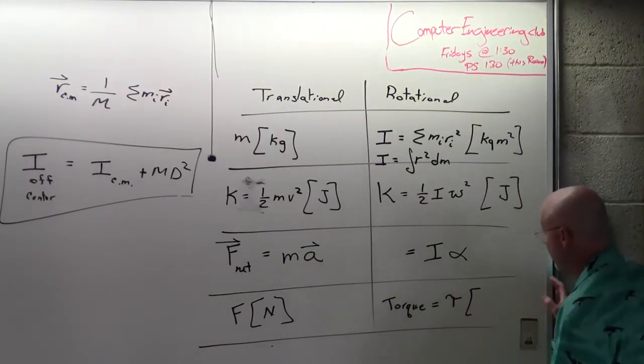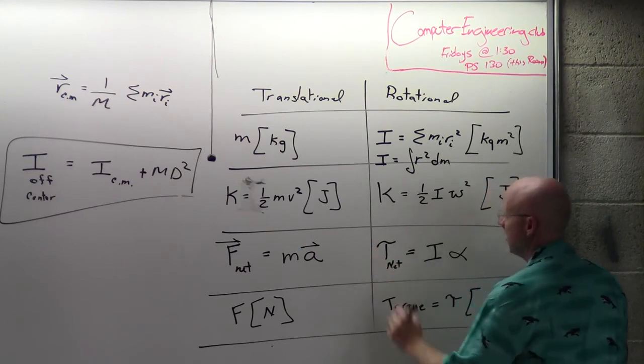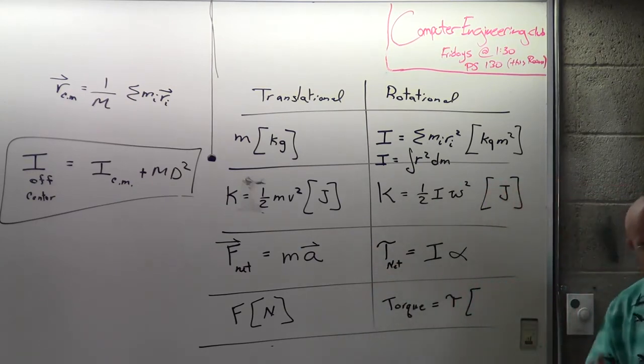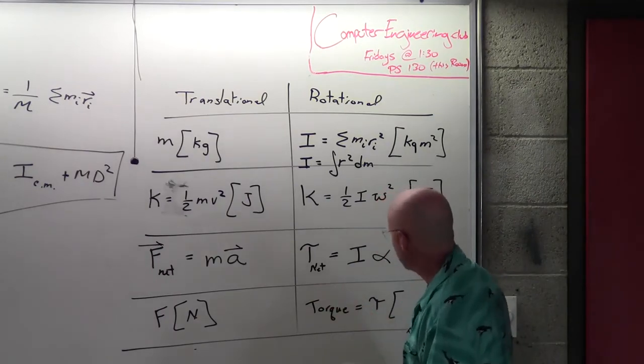And so finishing up this little chart here, this then would be net torque. And this is my way of coming to the end of the chapter and throwing out the last piece that we haven't done now that we've done so much on energy and inertia and the other stuff. This is torque.